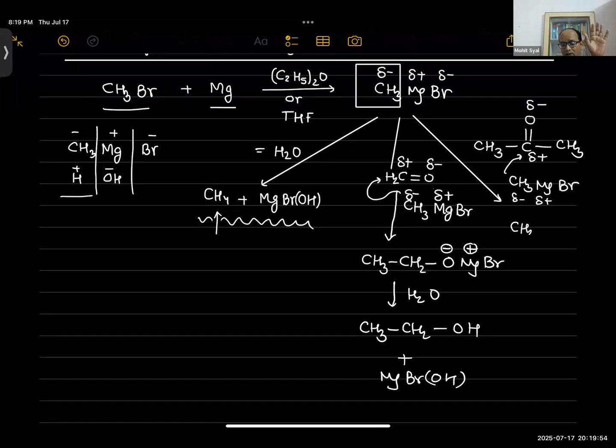Two methyl groups were already attached. One more I attached, on the pi bond. You have oxygen. That will form minus, and that will get connected to MgBr.